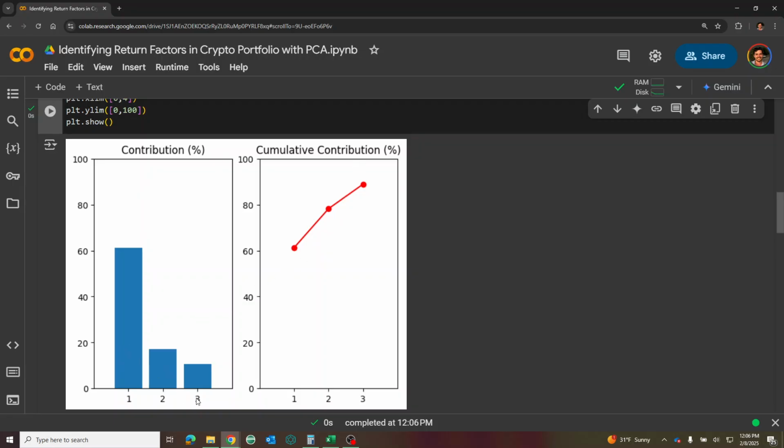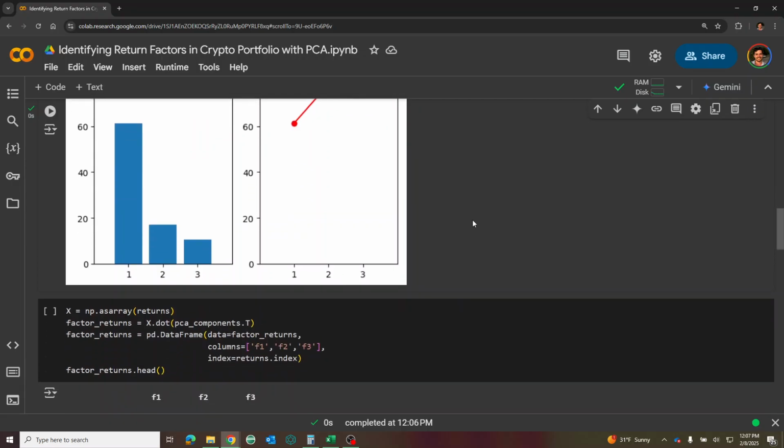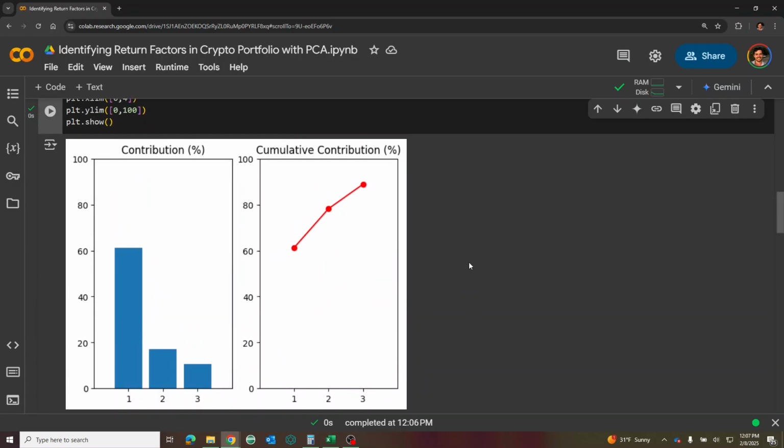So when we take into account these three factors, we have just above 80%, close to 90% of the variance in returns. That's what's really positive about the PCA: when we pass through our returns, we can really parse out factors that contribute to variances in the returns between each coin.